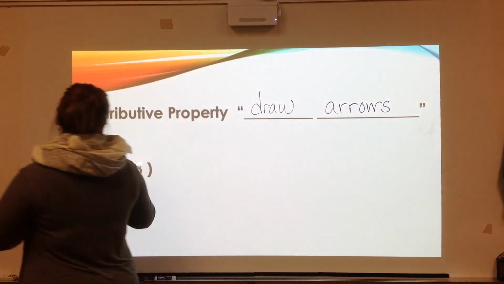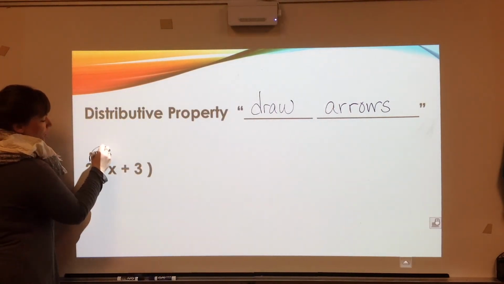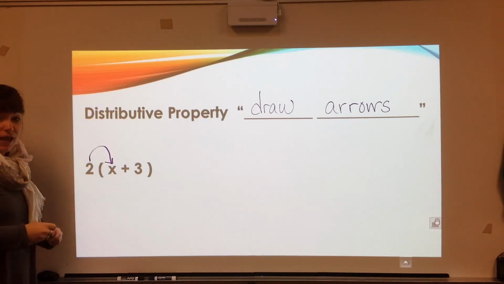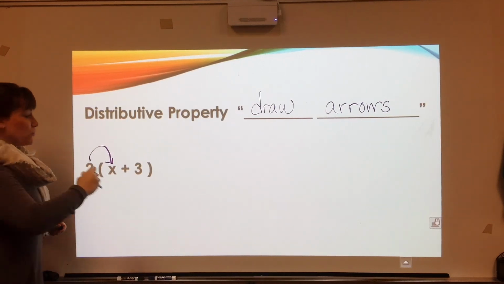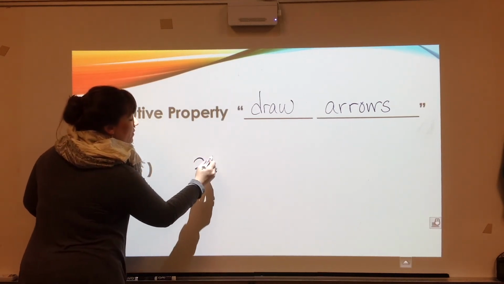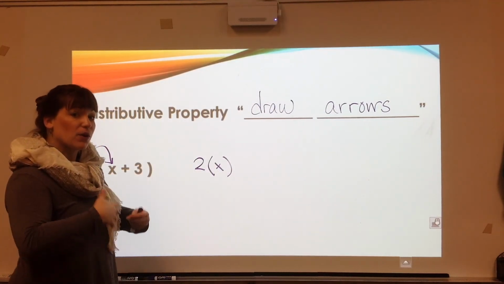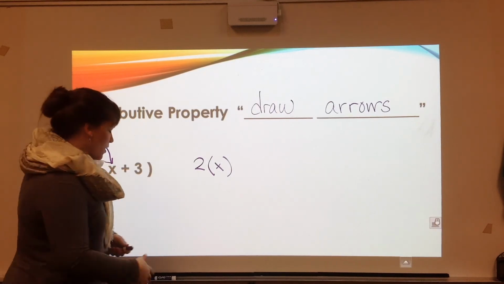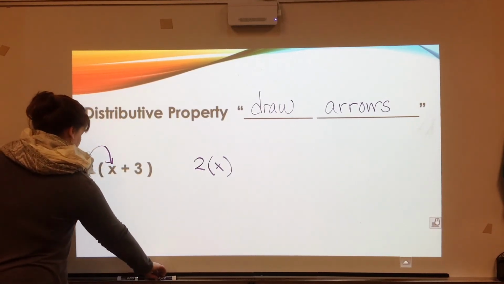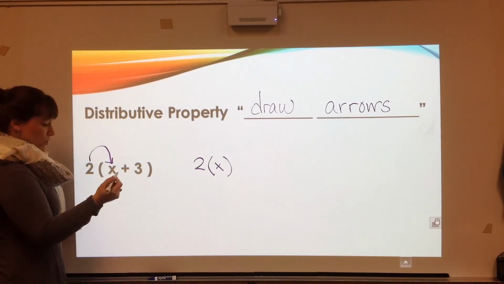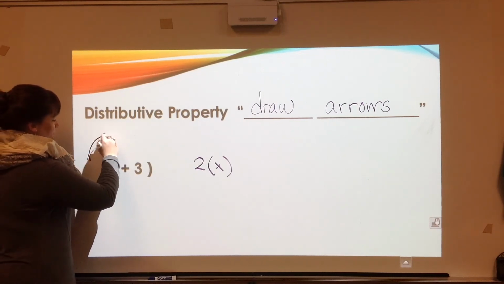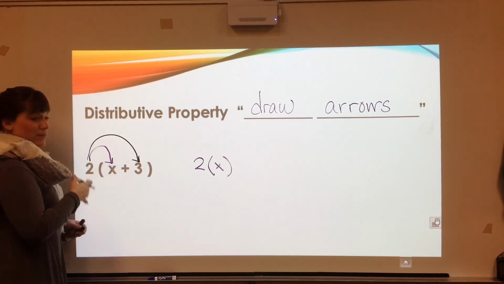So I want you to always draw an arrow from the 2 to the x, forcing you to remember that you have to pair the 2 with the x as the first part of rewriting this using the distributive property. And now I'm going to use a different color. Then we have to pair the 2 with the 3.